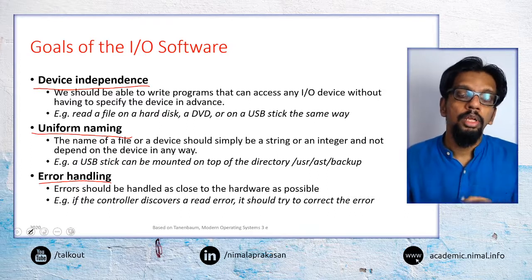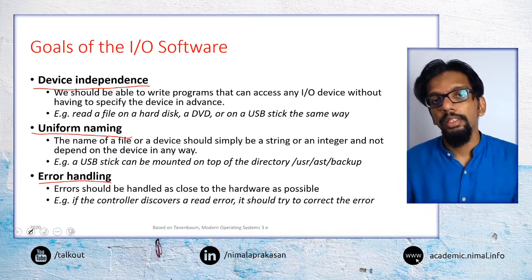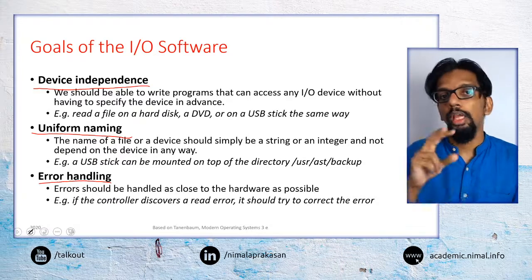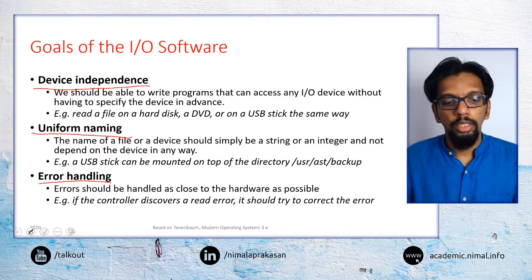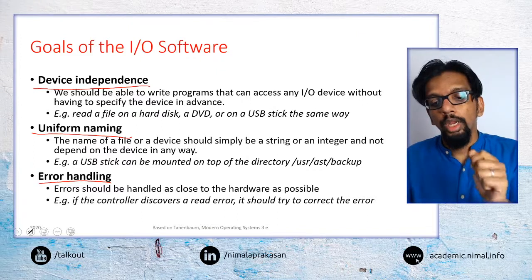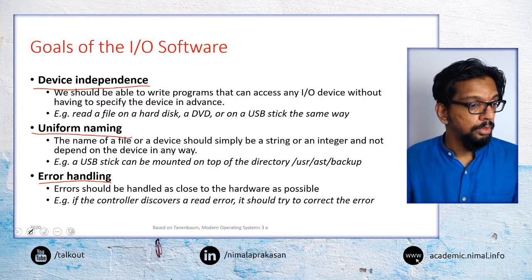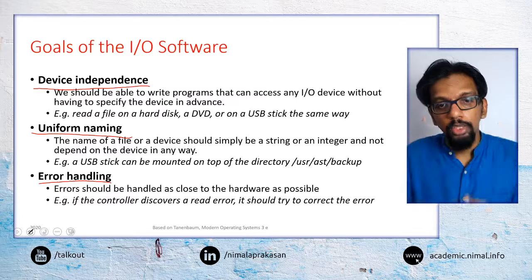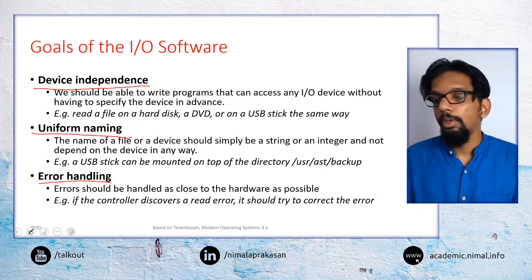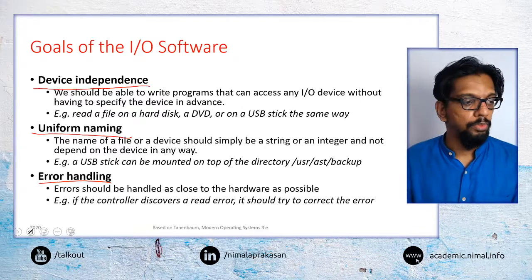Say, for example, if a file is being written onto a hard drive and it finds a bad sector and no information can be stored there, it has to skip to the next sector and so on. When it encounters an error, the operating system IO software component will have to manage that error effectively.